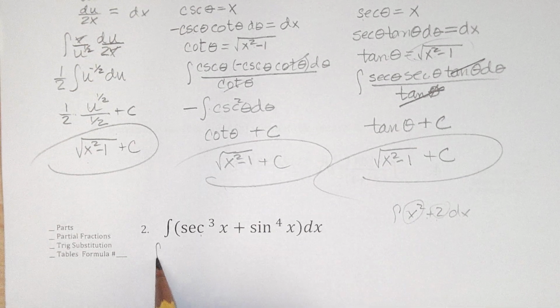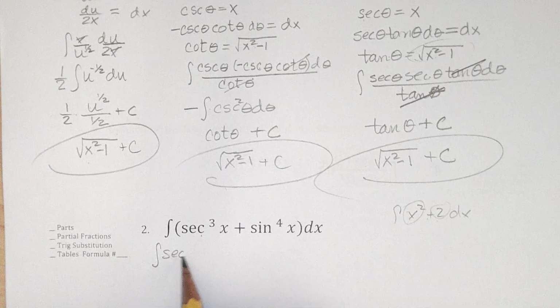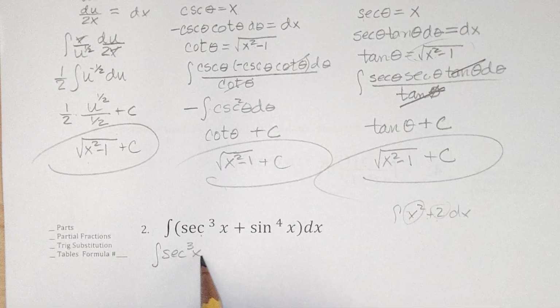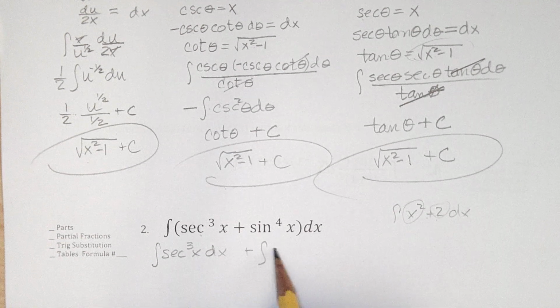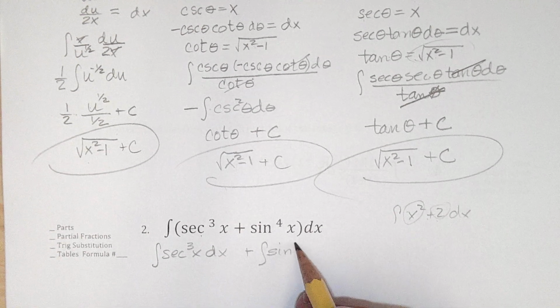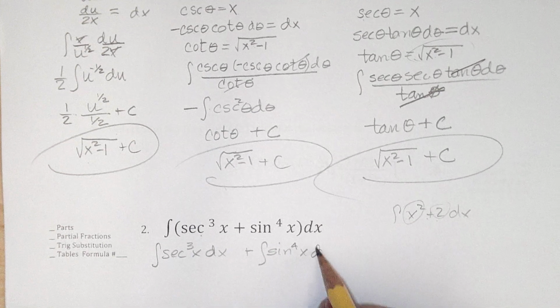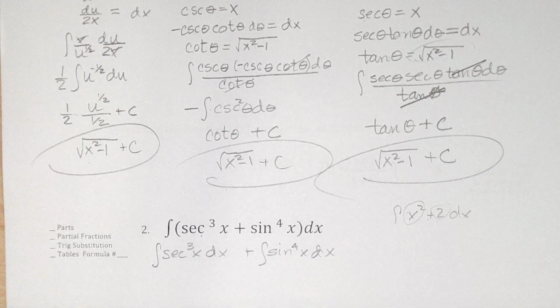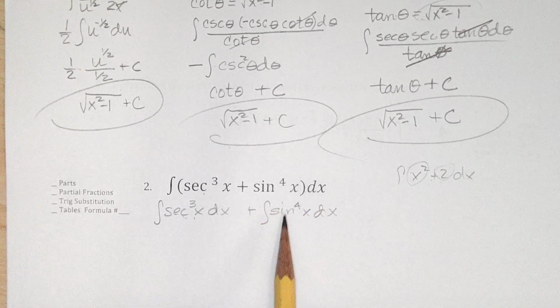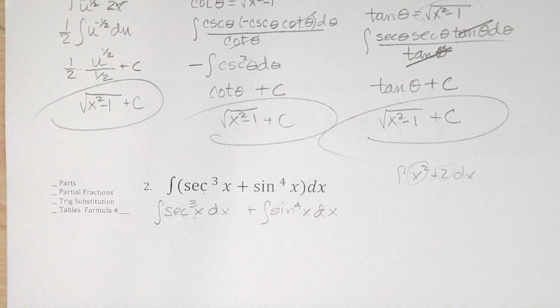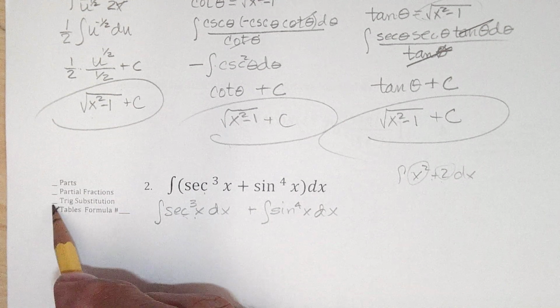So this is the integral of secant cubed x dx plus the integral of sine to the 4th x dx. Now there's probably several ways to do this one and that one, but it's going to be messy, so let's just use the table on this one.